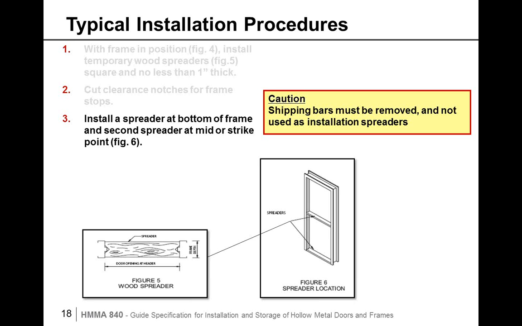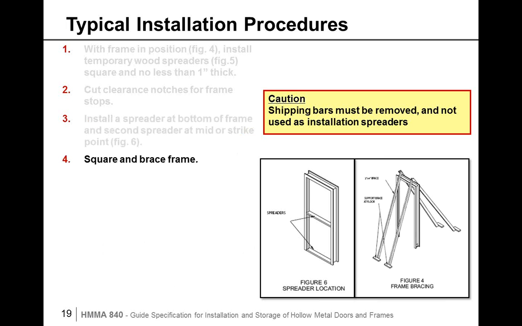Now, when we're talking about these type of items, we are currently focused on frames going into masonry type construction. We'll talk about stud walls and that a little later in the presentation. But in the masonry type walls, the frame is located in the opening prior to any type of wall construction being made.